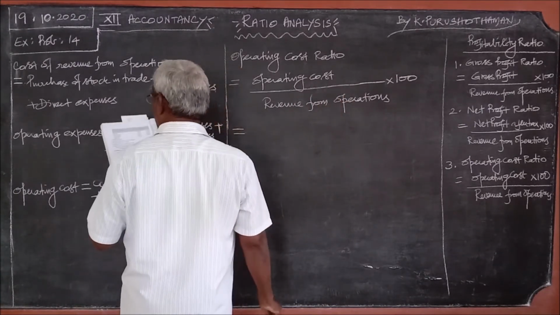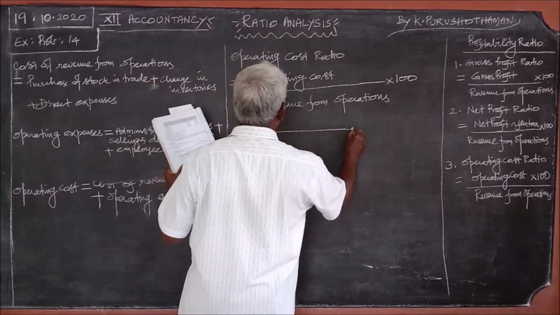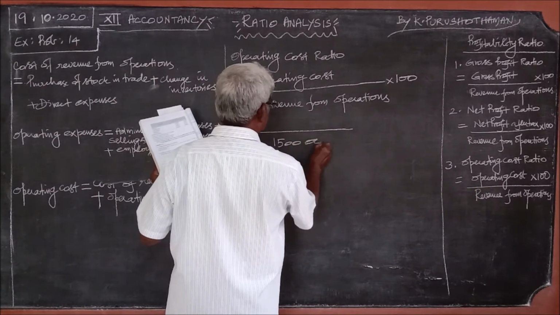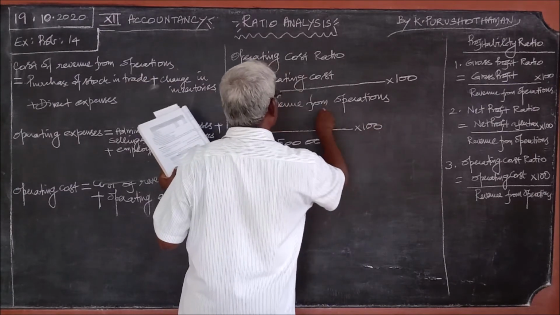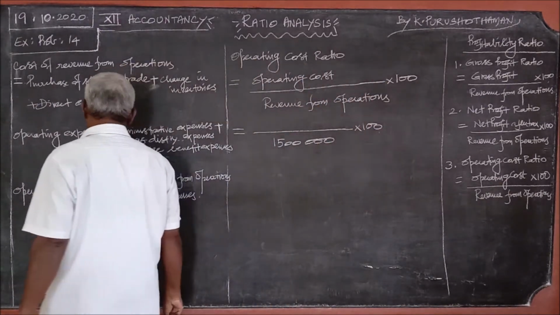So the revenue from operations is given as 15 lakhs, into 100. Okay, the denominator and the numerator are written. We must find the operating cost.